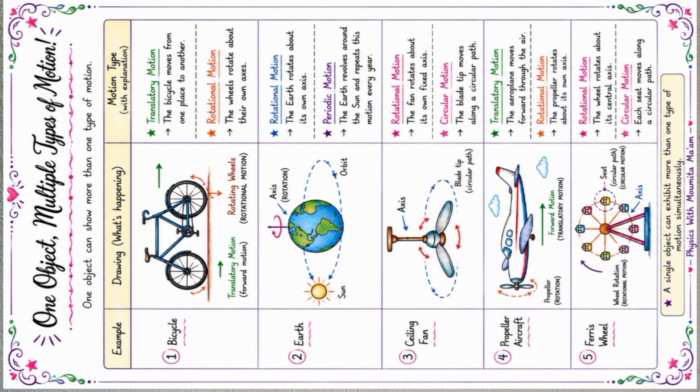In case of a ceiling fan, it shows two types of motion. One is rotational motion and the second one is circular motion. For a propeller aircraft, it shows two types of motion, translatory motion and rotatory motion. And finally, in case of a Ferris wheel, we see two types of motion. One is rotational motion and another one is circular motion.